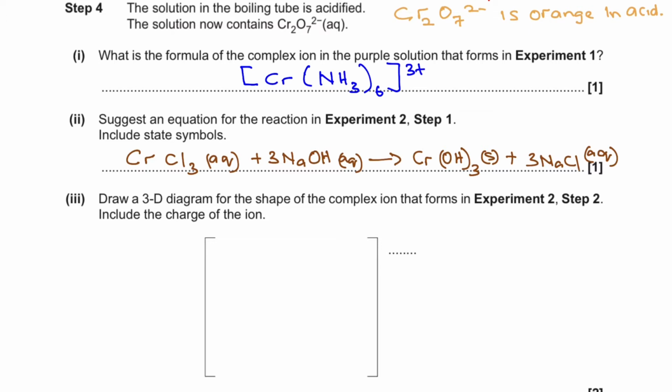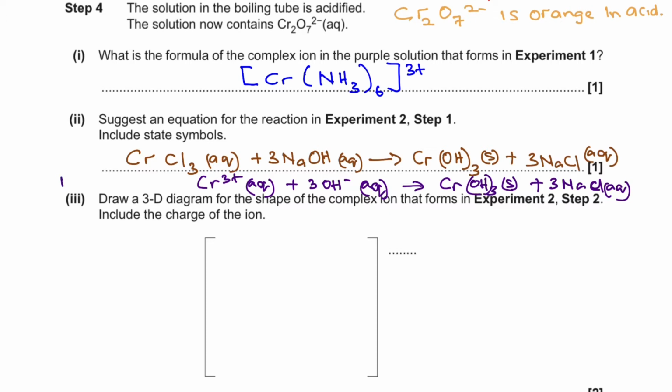You could write the ionic equation for that one, and that will be Cr3 plus aqueous plus 3OH minus aqueous, and that will give us Cr(OH)3 solid, plus 3 sodium chloride aqueous. So that's the ionic equation there.